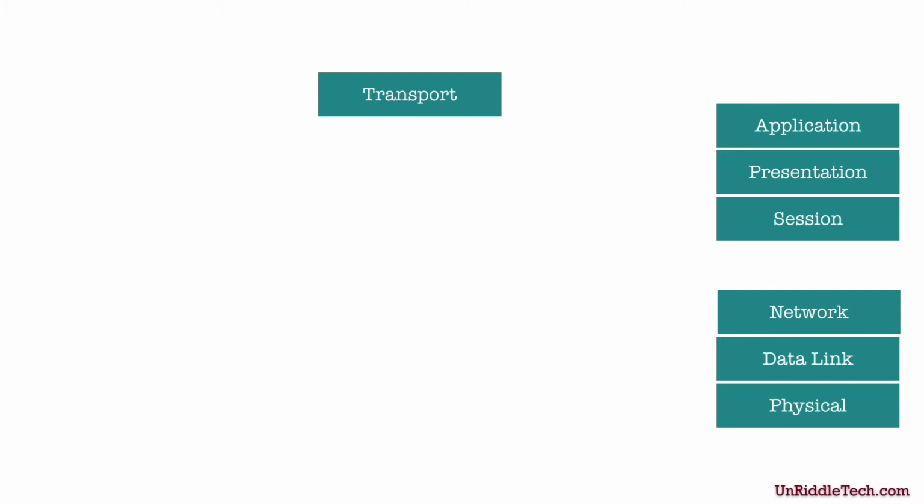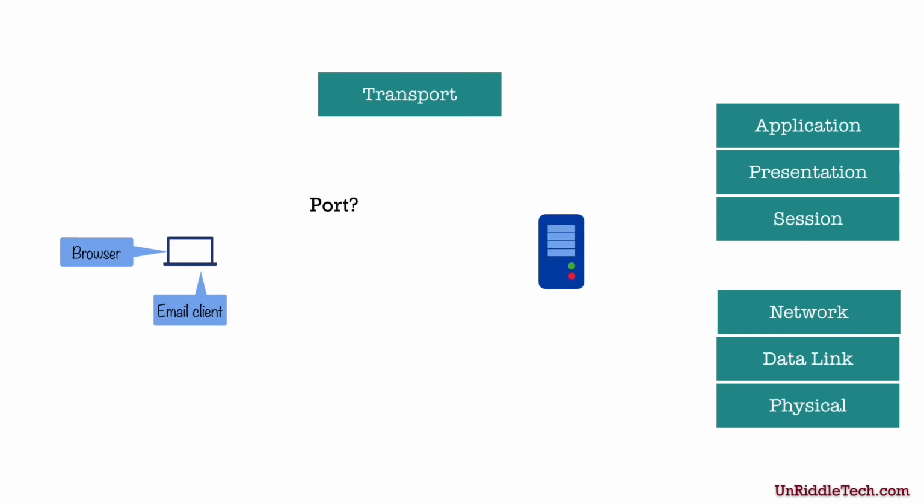Source and destination port details also get added in this layer. What is the purpose of a port? You may have several applications running on your laptop, like a web browser or email client. The server may also have several services running on it, like a web service and an email service.